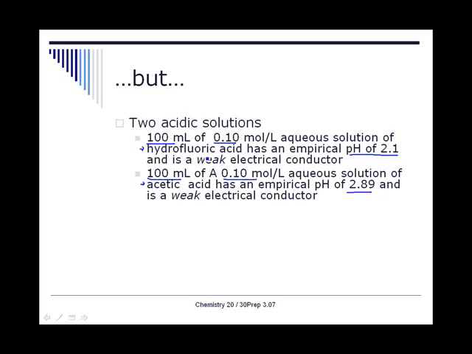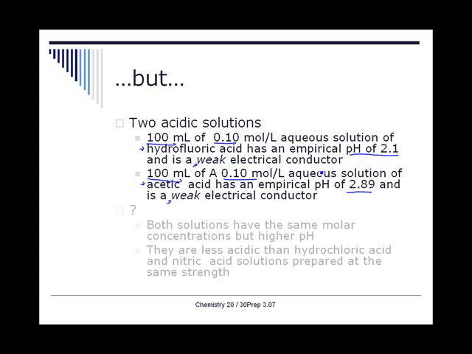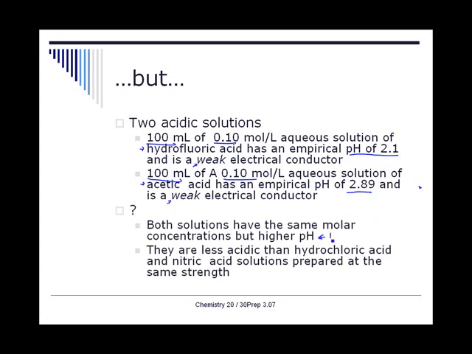Another neat thing about these is they're actually weak electrical conductors instead of strong electrical conductors. So they both have the same molar concentrations but higher pH. Higher pH actually means, just as a reminder, they are both less acidic. As we get closer to a pH of 7, the less acidic things become.